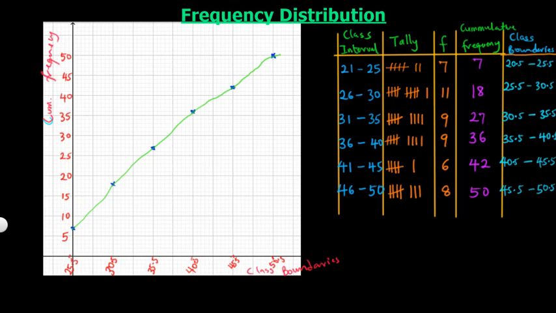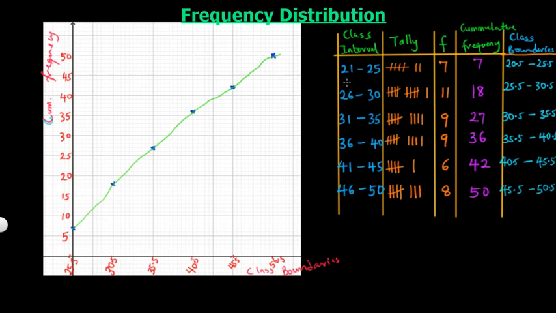Cumulative frequency curve is used only for grouped data. So in our subsequent class, we'll also learn more about some other way of presenting our data, such as pie chart, bar charts, histogram, and the likes. So you've learned something.